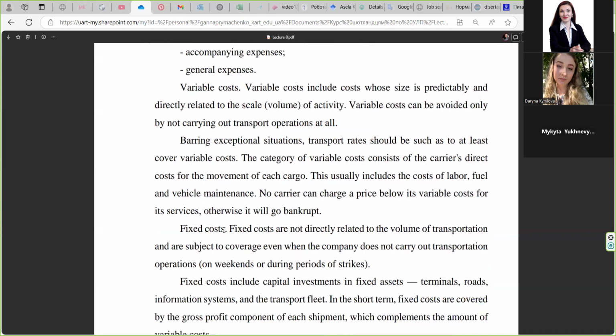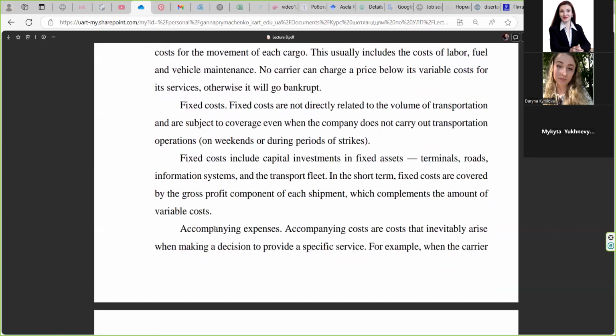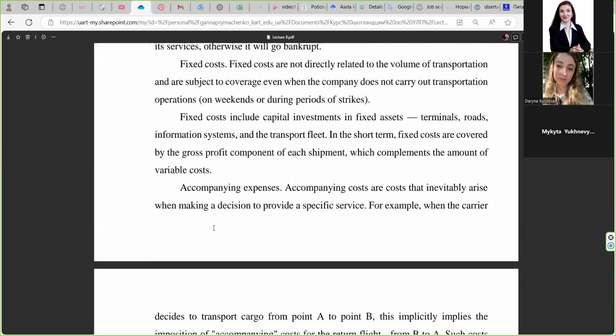Next, it is fixed costs. Fixed costs are not directly related to the volume of transportation and are subject to coverage even when the company doesn't carry out transportation operations, on weekends, for example, or during periods of strikes.